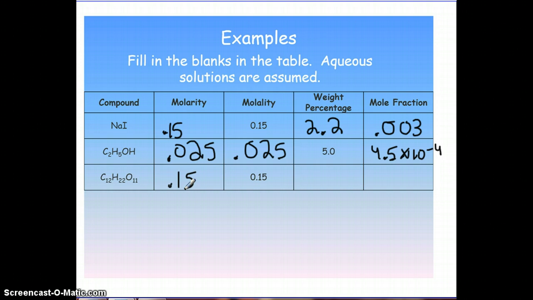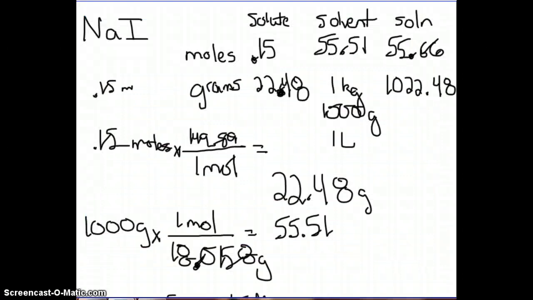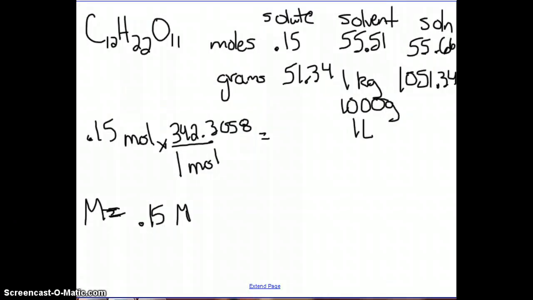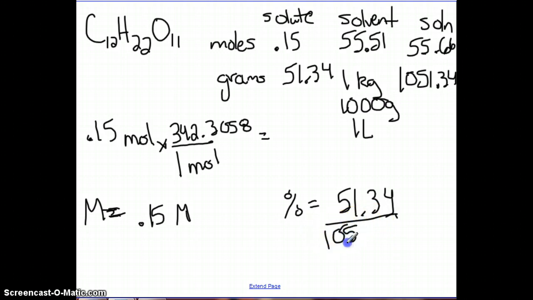And now let's work on weight percent and mole fraction. Weight percent is going to be our grams of solute, so that's 51.34 over the total, which is 1,051.34.